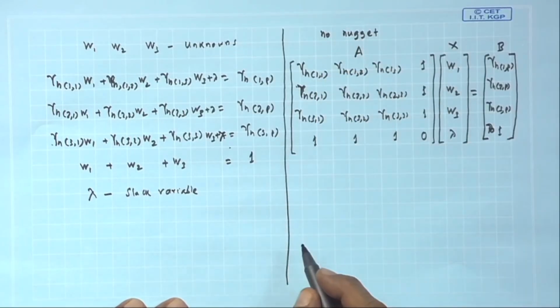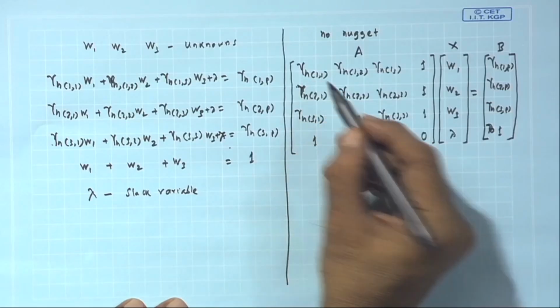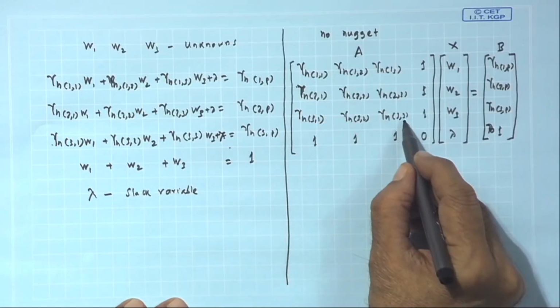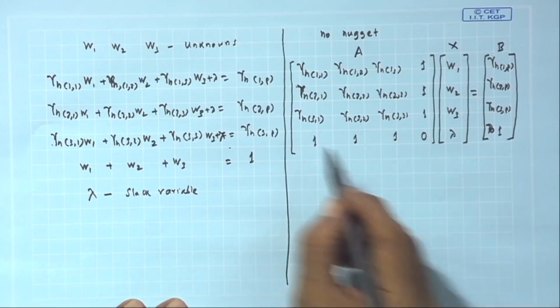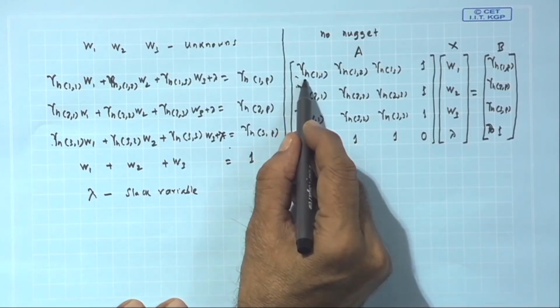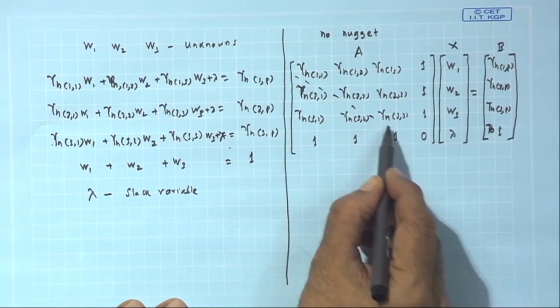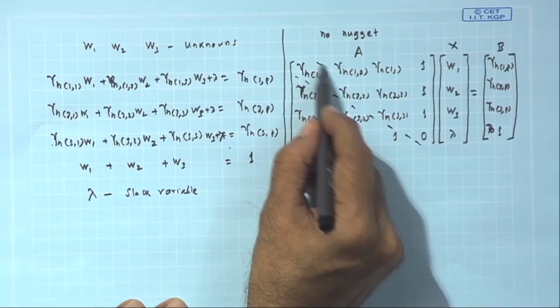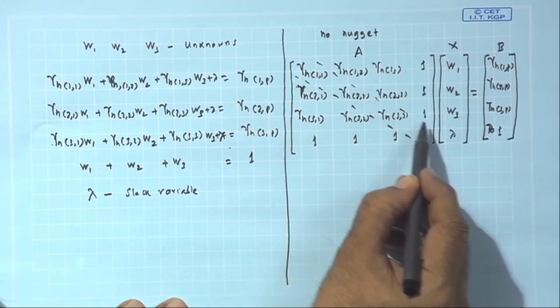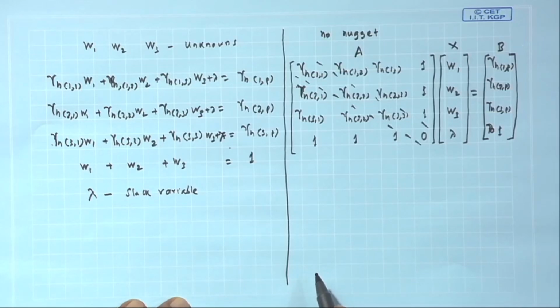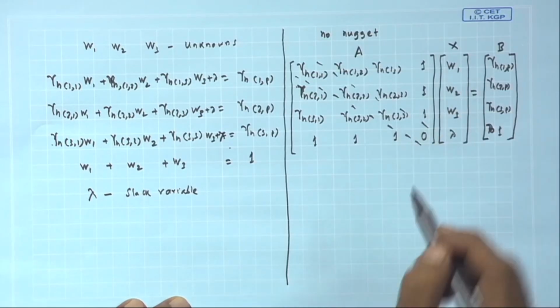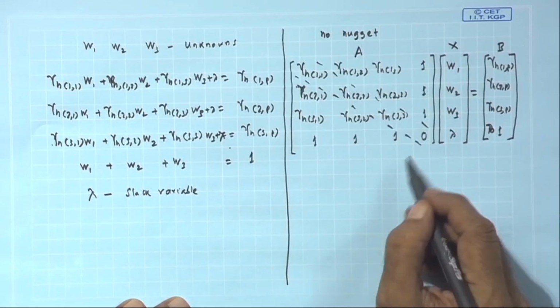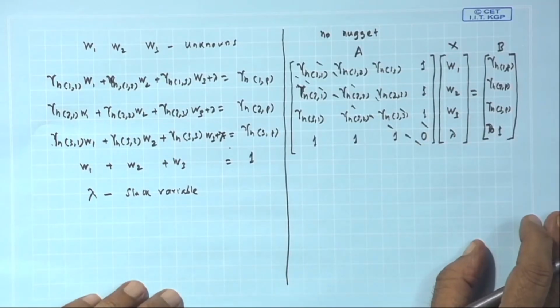If there is no nugget effect, then gamma h11, gamma h22, gamma h33 are 0. So we will have this diagonal as all zeros, and this is the form of the matrix that we could write.